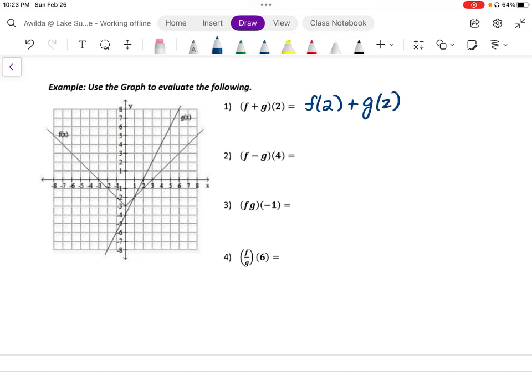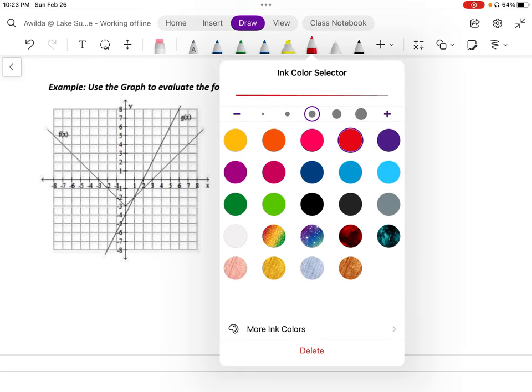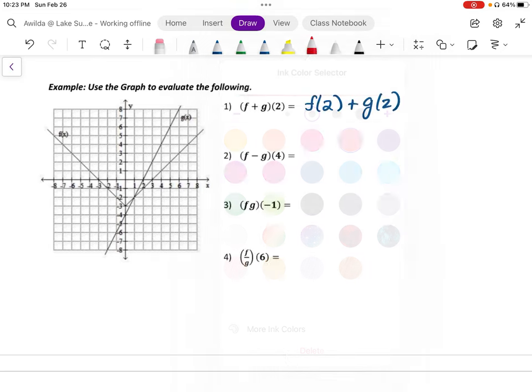So f(2) is the y value for the ordered pair on the graph of f that has an x value of 2. Well, I know this is going to be a little hard to read, so I'm going to trace over these two graphs in different colors. In red, I'm going to go ahead and shade the graph for f.